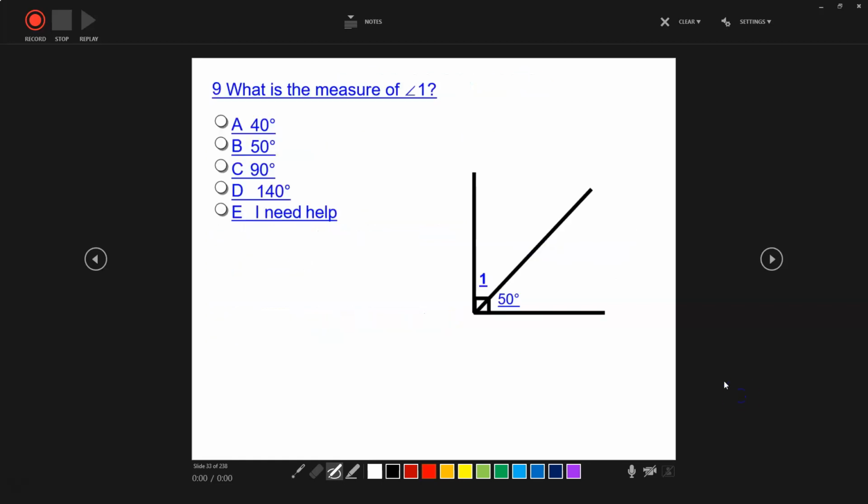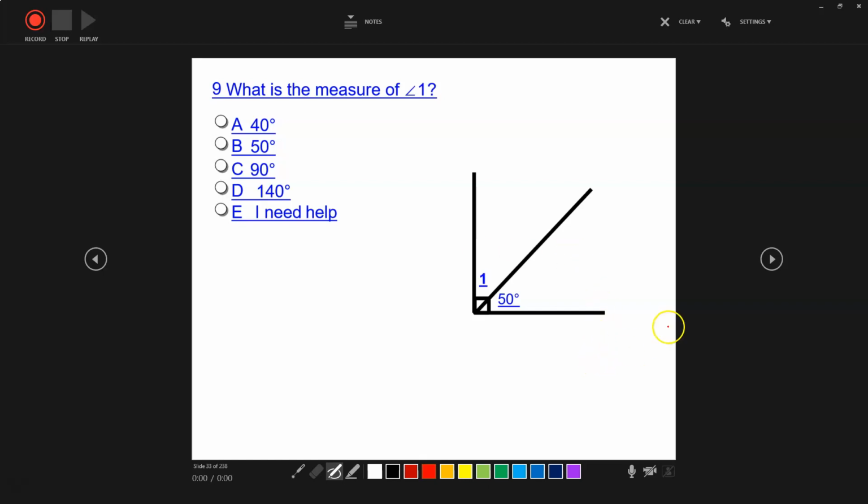Let's take a look at this angle. We're going to figure out what the missing angle is based on the idea of complementary angles. We have a 50-degree angle, and then we have a number 1, which means we don't know what angle that is. So we can take 90 and subtract 50, and that would give us our missing angle.